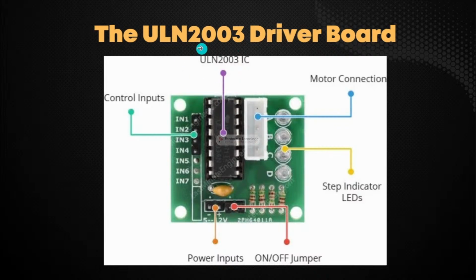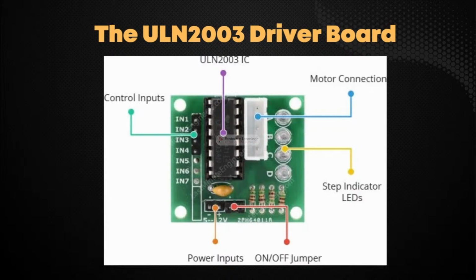The ULN2003, known for its high current and high voltage capability, provides a higher current gain than a single transistor and allows a microcontroller's low voltage, low current output to drive a high current stepper motor. It consists of an array of 7 Darlington transistor pairs, each of which can drive a load of up to 500 milliamperes and 50 volts.